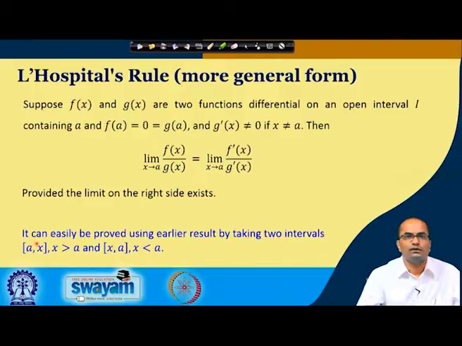In these two intervals we will apply the previous result, which will establish the limit as x goes to a from the positive side, and then when we apply that result to the other interval, we get the limit as x goes to a from the negative side. So, both the limits from the right side and from the left side give the same result, which will conclude that the limit as x goes to a of f(x) over g(x) is equal to the limit as x goes to a of f prime over g prime of x.